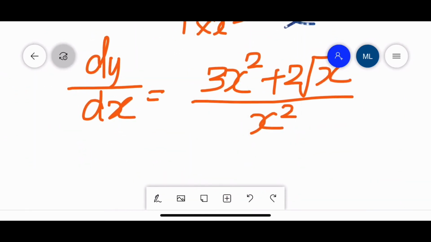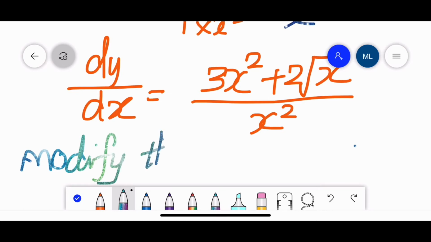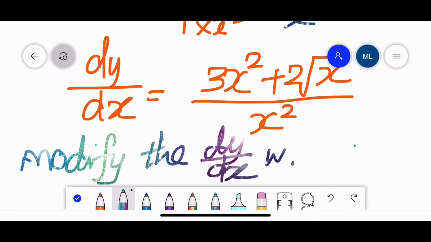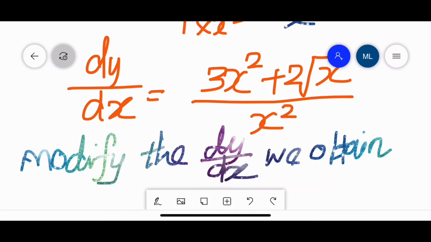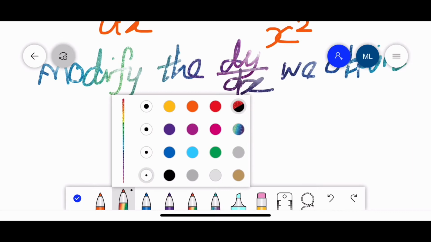You can check and compare. It's just that there is a 2 down there for the question, but my one is without the over 2, right? So actually good enough. We have modified until this stage. We forget about the number first. So we have modified the dy dx. So dy dx is nice, beautiful.